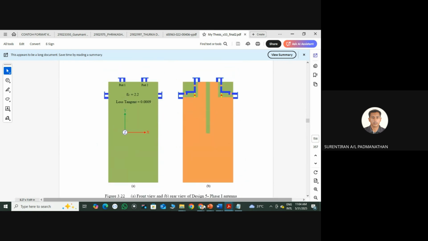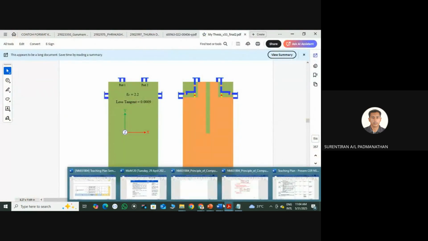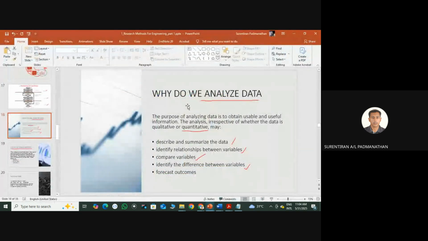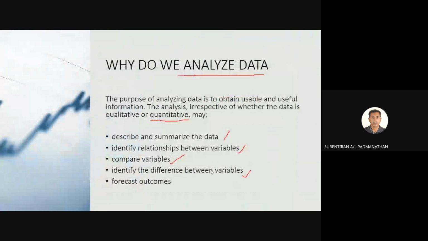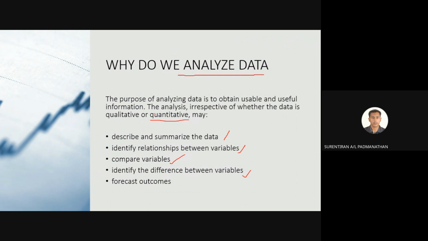Okay, so that's the thing. Why do we need to analyze the data? The purpose of analyzing the data is to obtain usable and useful information, right? So you have to make sure that the results are correct, that the results can be used for improvement in later periods.